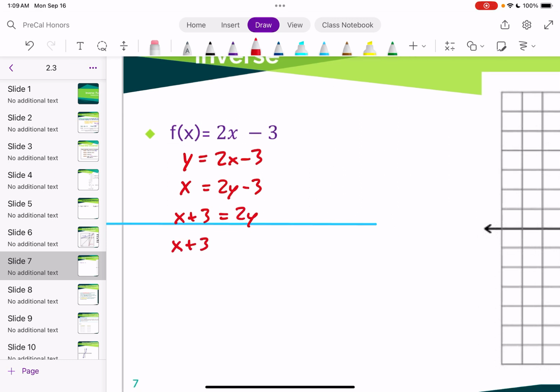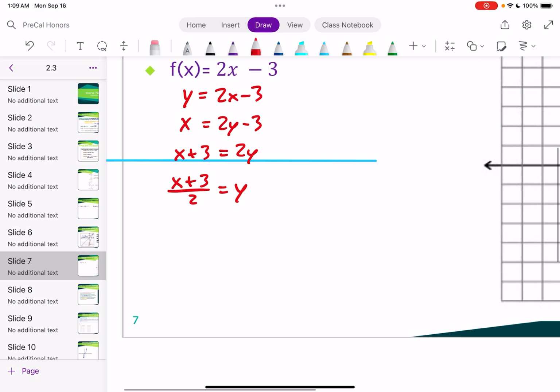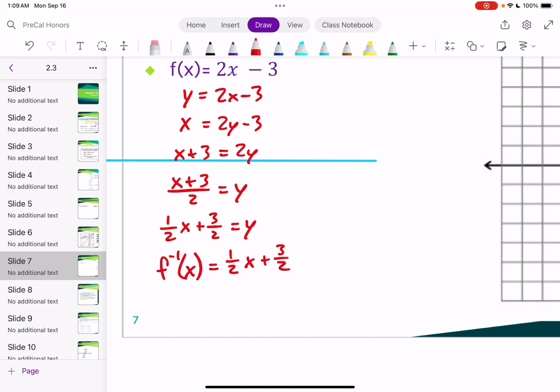X plus 3 divided by 2 is equal to y. Keep in mind, we can simplify this a little bit better to be 1/2 x plus 3 over 2 is equal to y. So our inverse would be f of -1 of x is equal to 1/2 x plus 3 over 2.